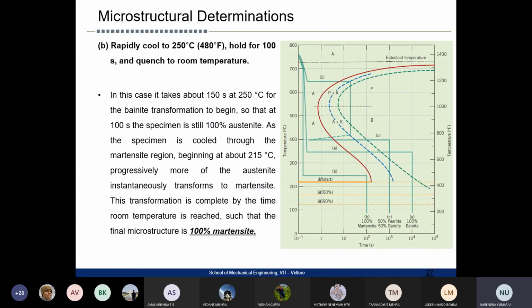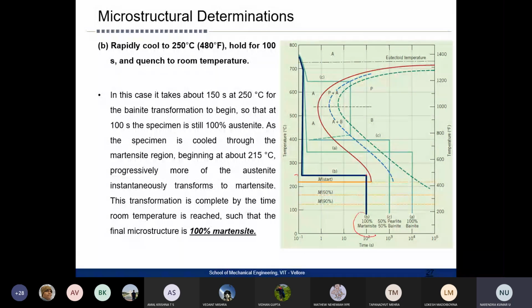Now the second one: up to 250 and hold for 100 seconds. 100 seconds is this point, you go up to this and then quench it to room temperature. But it has never crossed the 0% line, so it is only before the 0%.